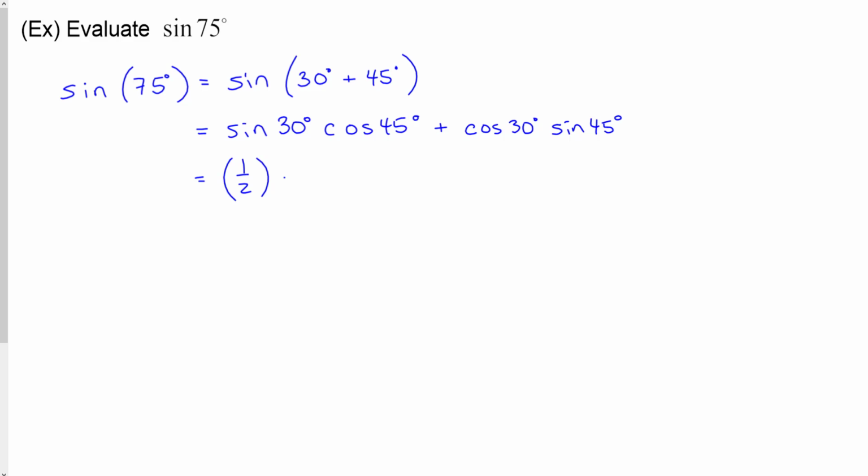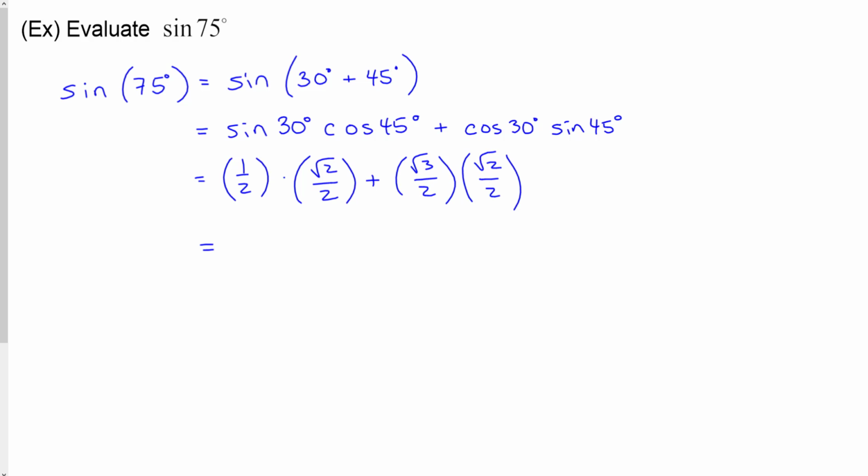The cosine of 45 degrees is the square root of 2 over 2. The cosine of 30 degrees is square root of 3 over 2. And the sine of 45 degrees is square root of 2 over 2.